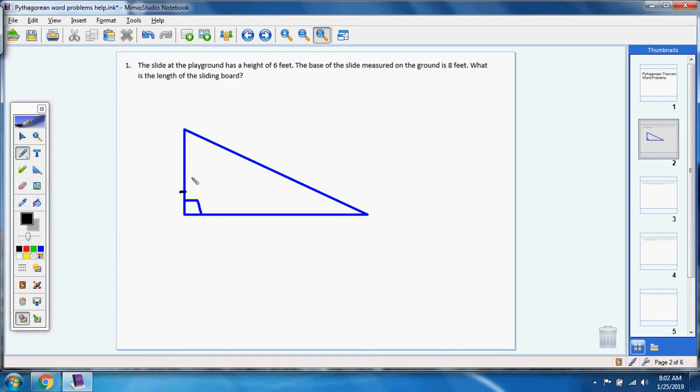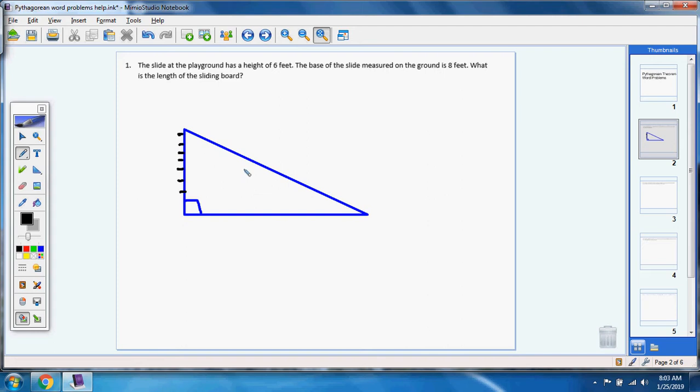But again, every problem that we're going to be constructing is a right triangle.